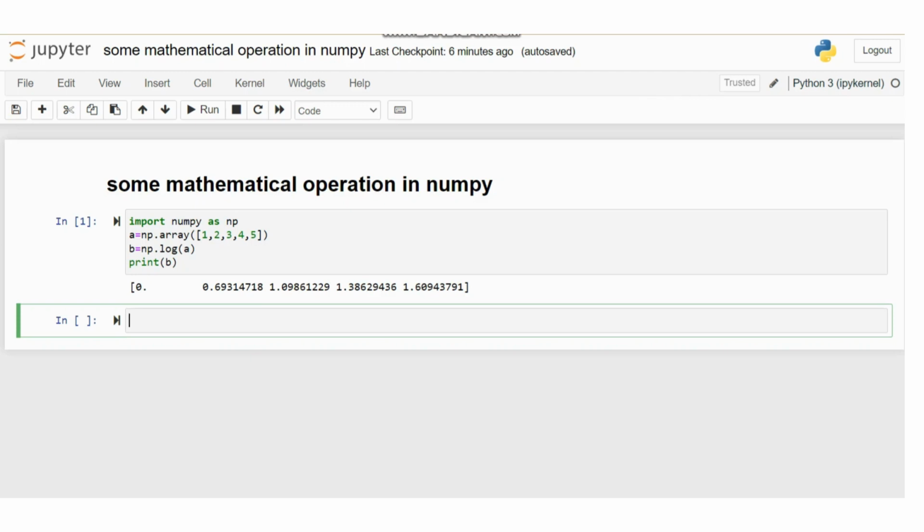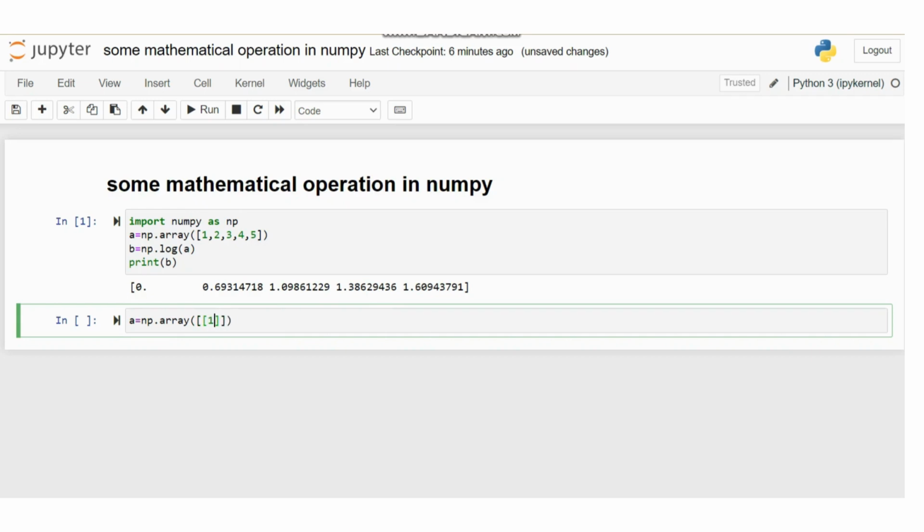And second, logarithm performed on a matrix. Create a matrix. Suppose I want to create a matrix using np.array.